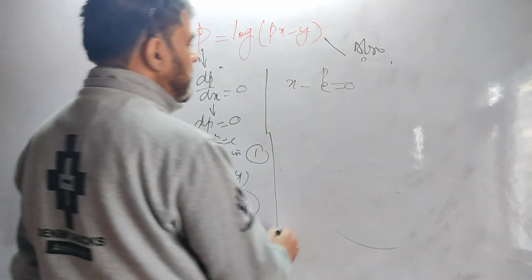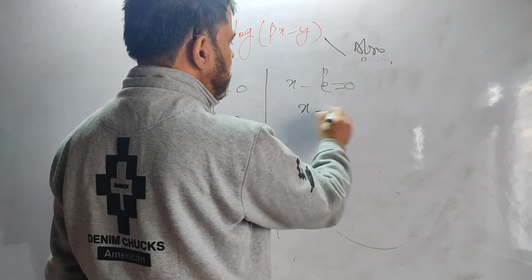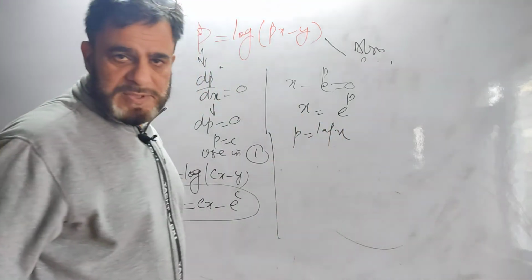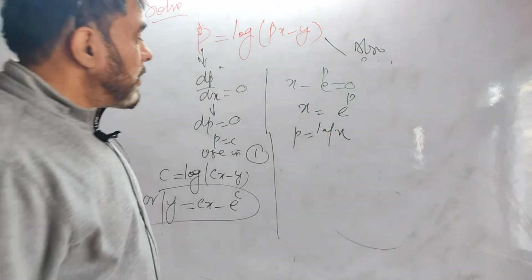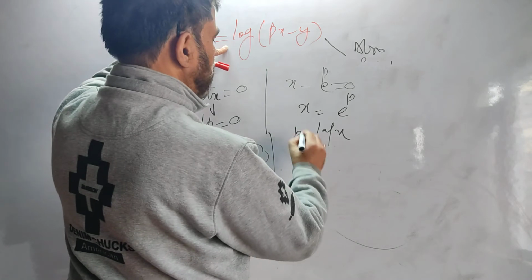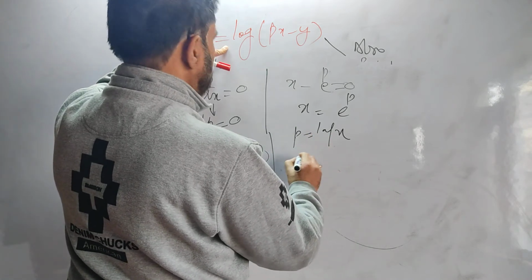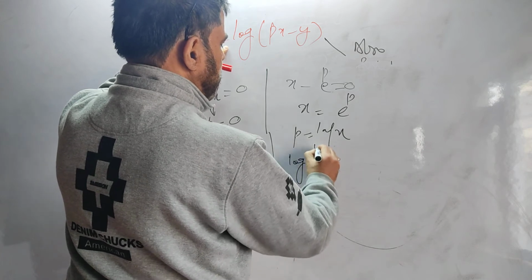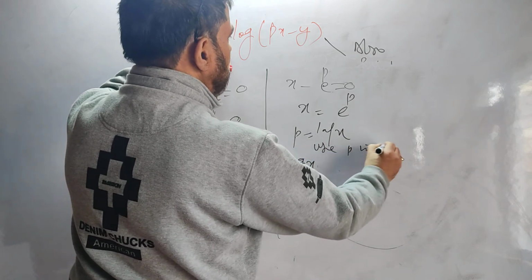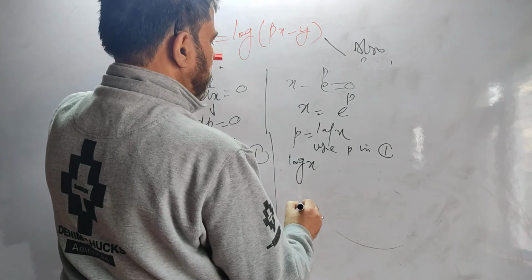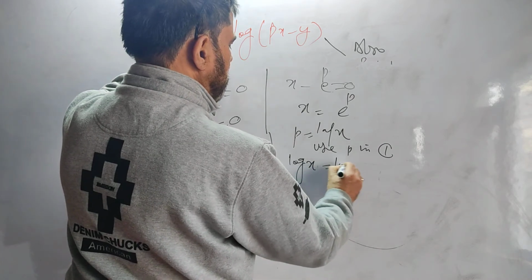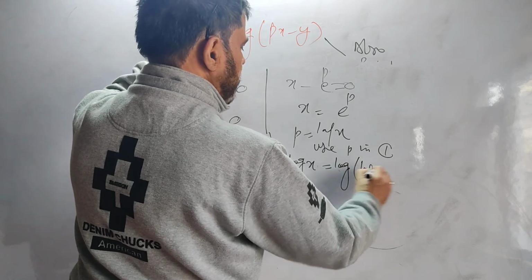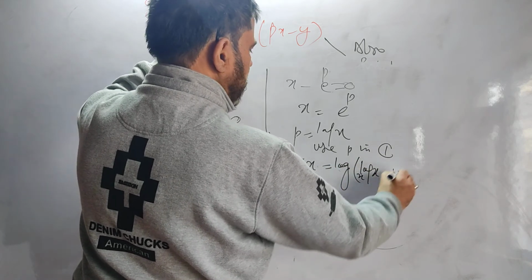Now from the other factor, you will find x is e raised to the power p. That is p is equal to log x, if we take log on both sides. Using p in the first equation, it is log x is equal to log of x log x minus y.